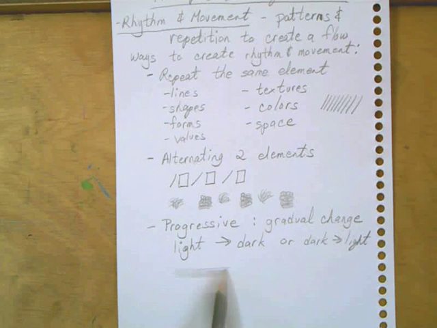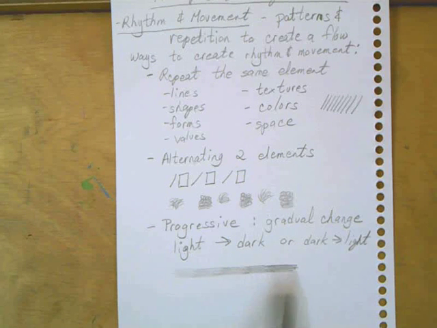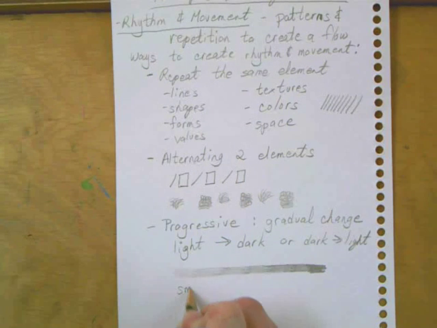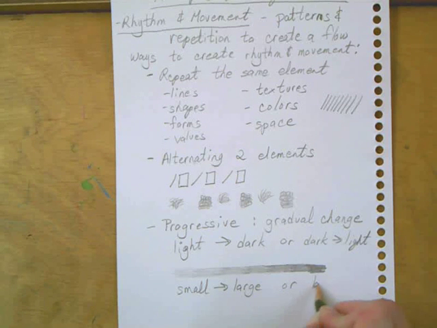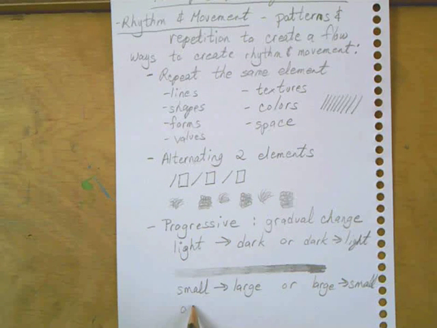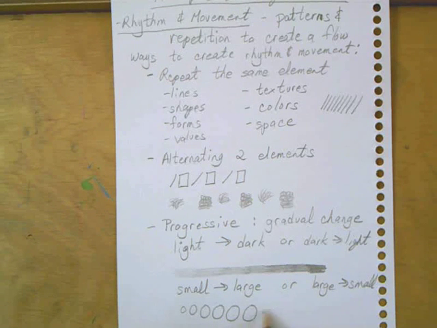So if I go lighter, a little bit darker, a little bit darker, keep getting darker as I go here. It's a very gradual change. You could also do from small to large, or from large to small. They gradually get just a little bit bigger.